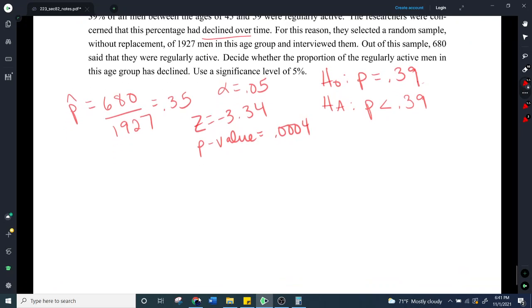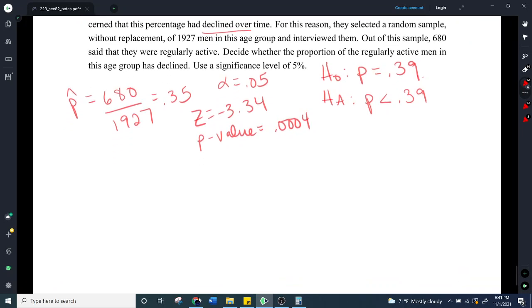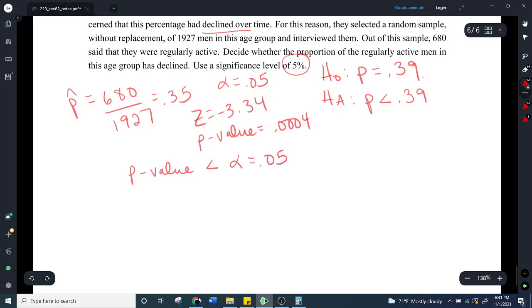Is this a small p-value compared to our 5% significance level? Yes, that p-value is certainly less than our alpha of 5%. That's very small. So when the p is small, you will reject the null hypothesis. So since the p-value is smaller than the significance level, we will reject the null hypothesis.